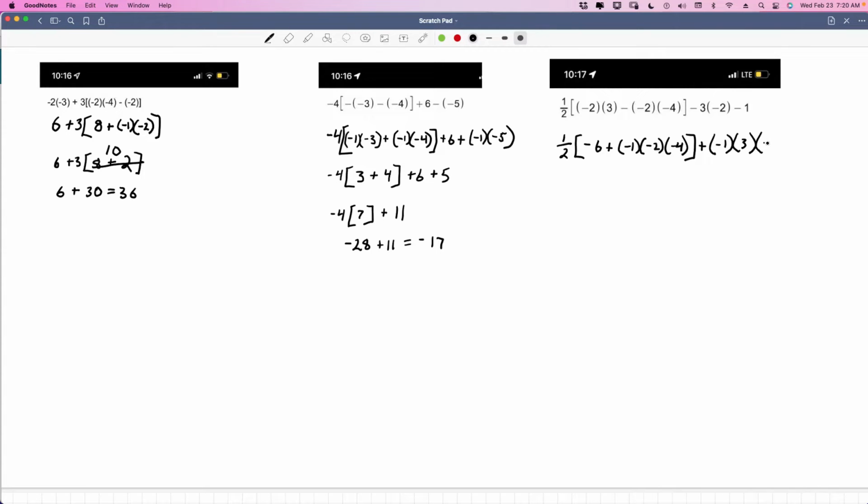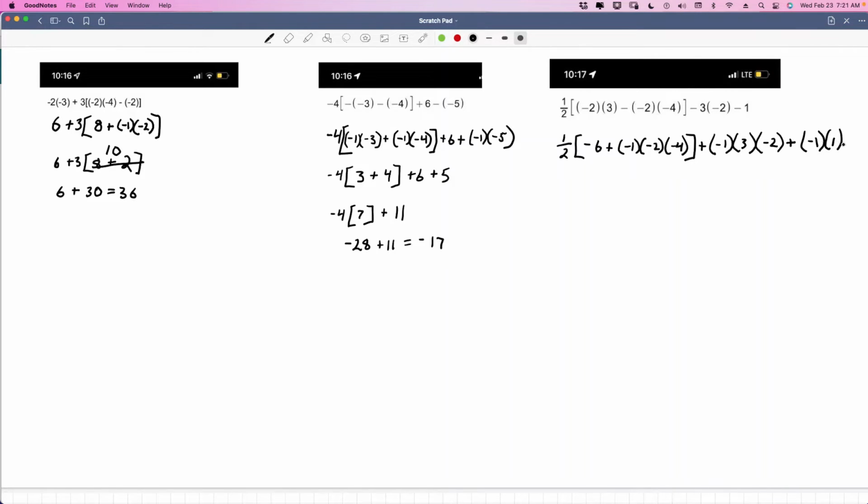And then we have a negative 2 plus a negative 1 times 1. Whenever you have that minus sign, it's just changing this number to a negative is all it's doing, okay?